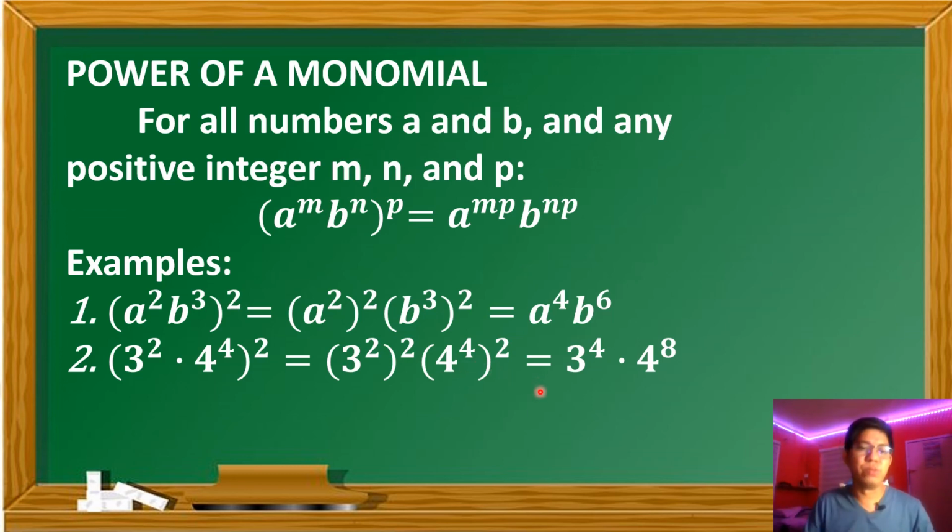It is equivalent to, copy the base, which is 3, then multiply the exponent. 2 times 2, we have 4, times, copy the base, which is 4, then multiply the exponent. 2 times 4, we have 8. So therefore, it is equivalent to 3 raised to the 4th power times 4 raised to the 8th power. Okay, next. Ayan. So, nag-ano lang na doble.